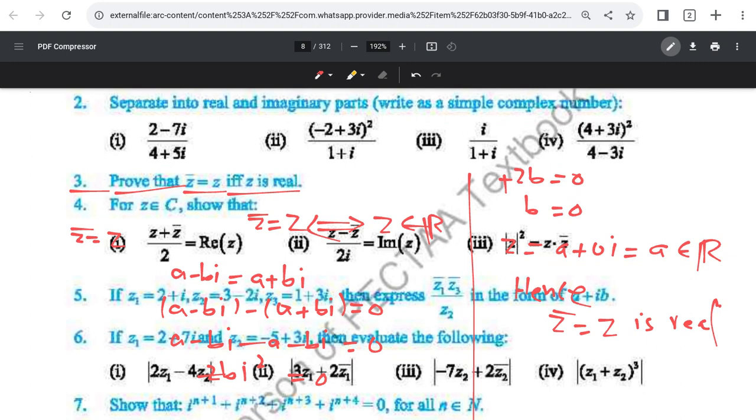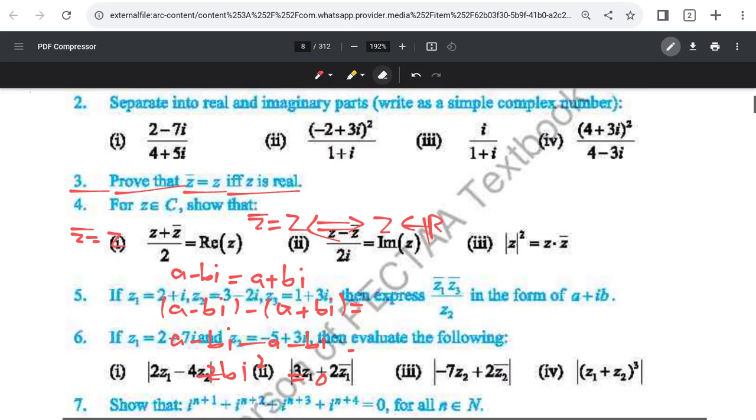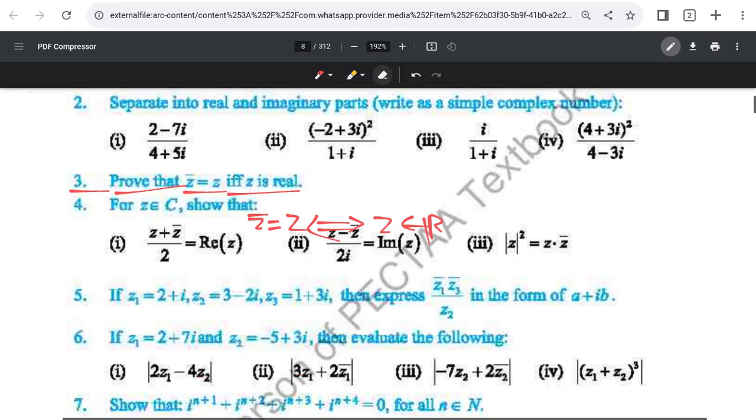Now we move towards the second part of this one.